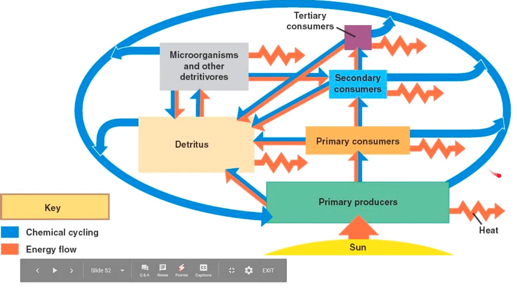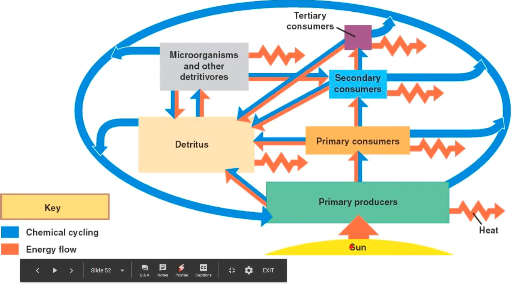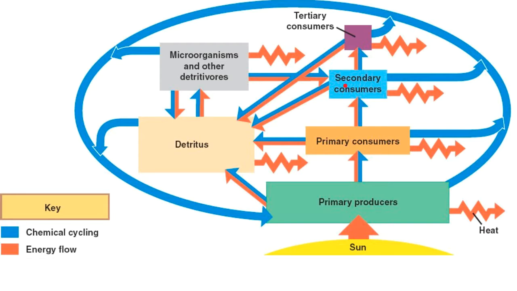And this is one of my favorite models because it shows that energy flows, but chemicals cycle. So energy flows from the sun into living things, but we also send some energy back out through heat. And that energy flows through a process of consuming or eating through the heterotrophs.